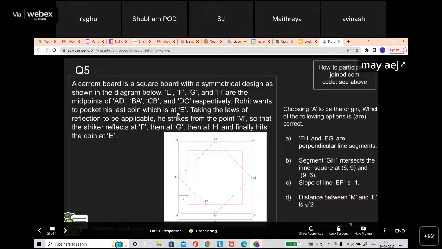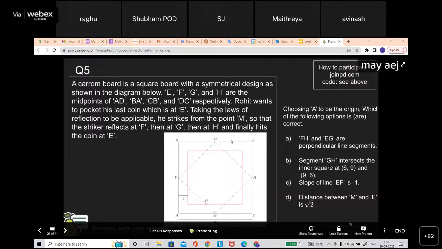Rohit wants to pocket his last coin, which is at point T here.